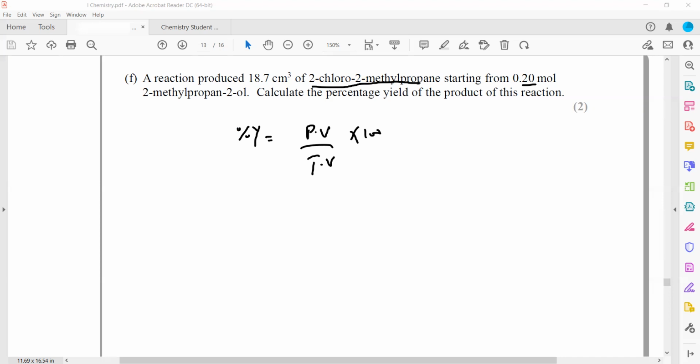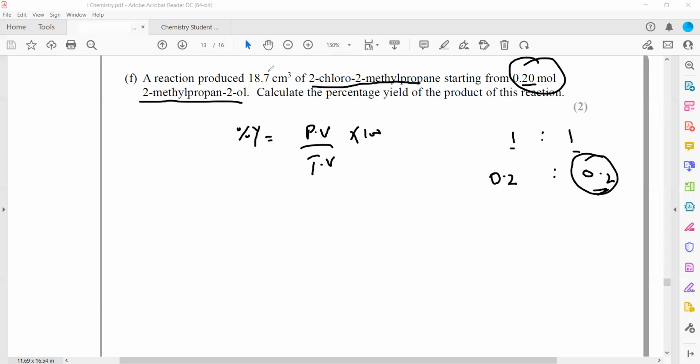Theoretically, 0.2 should be there, because the ratio between 2-methylpropan-2-ol and 2-chloro-2-methylpropane, given in the beginning of the question, is 1:1. So if 0.2 mole of 2-methylpropan-2-ol is there, theoretically we should get 0.2. That is the theoretical value.